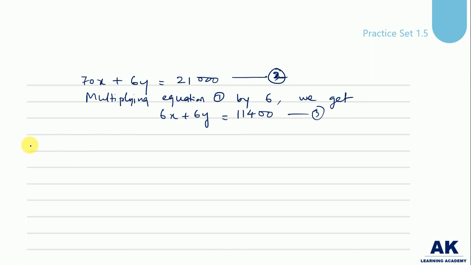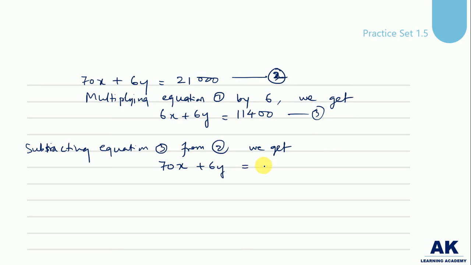Now subtracting equation 3 from 2, we get 70x plus 6y is equal to 21,000 minus 6x plus 6y is equal to 11,400, right?